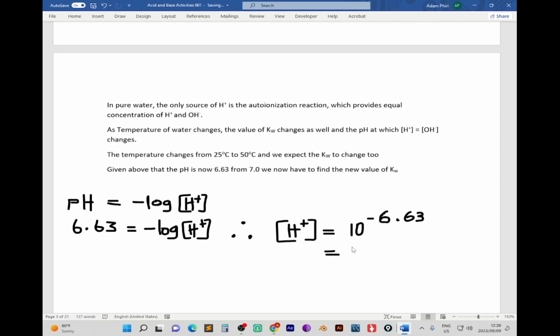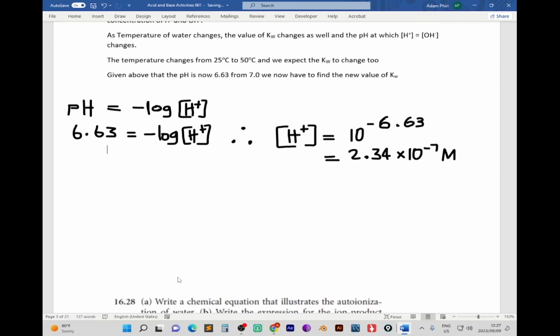You must know how to do it really fast, and then the answer there is 2.34 multiplied by 10 to the power negative 7. So that is the molarity. The very same molarity applies to the hydroxide ion, equivalent to the hydrogen ion.